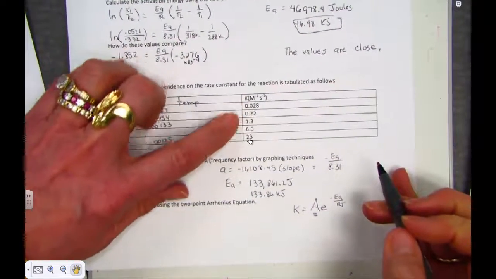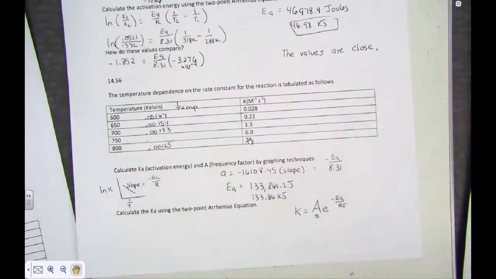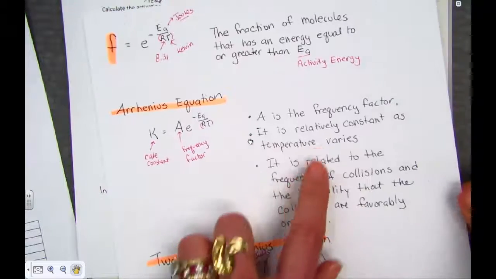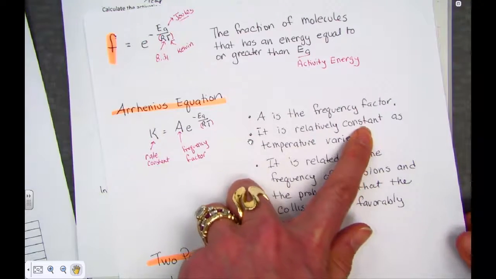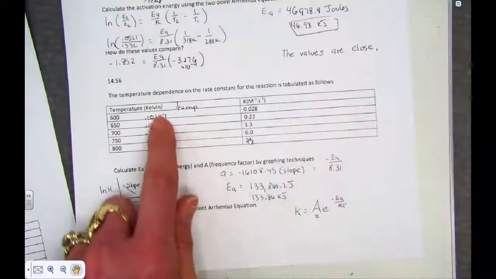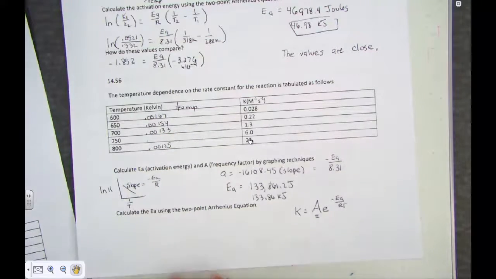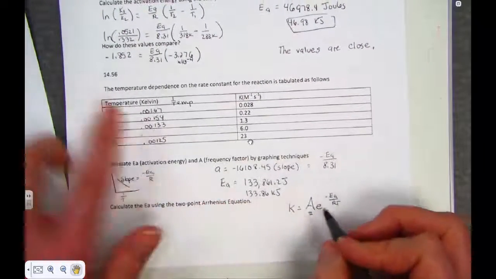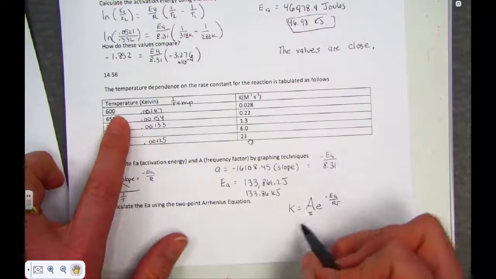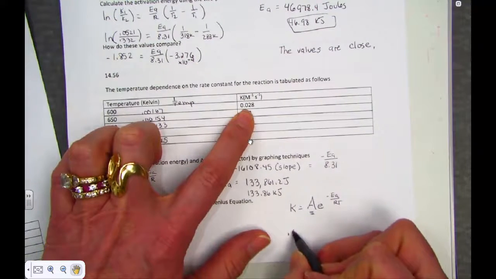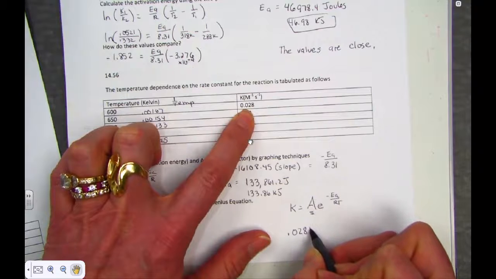So we have a choice. I mean, it wouldn't matter. These frequency factors are indeed relatively constant. You might find a slight variance between any of the trials, but not significant. So let's pick trial 1 for no other reason than it's written first. Its K constant, 0.028.